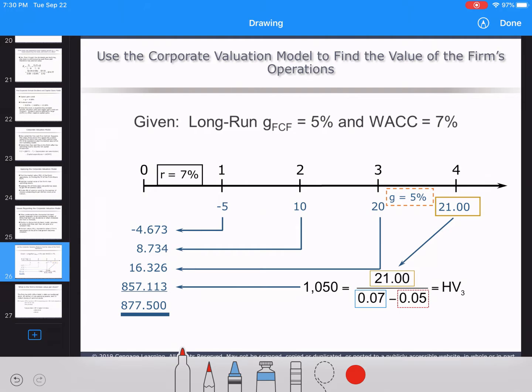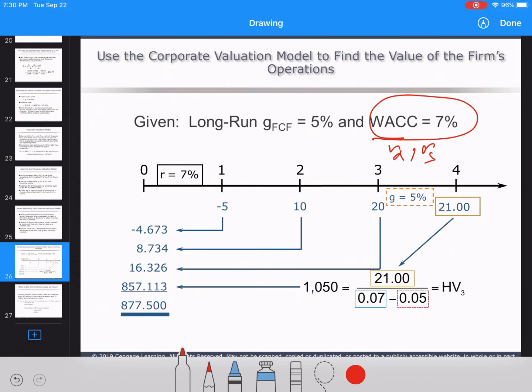Notice that instead of R sub S, we now have WACC, and WACC has both R sub D and R sub S in it.